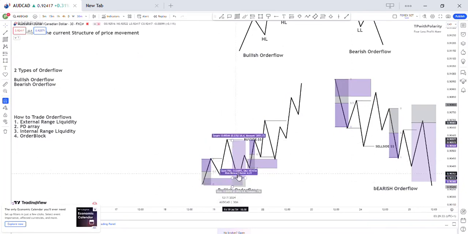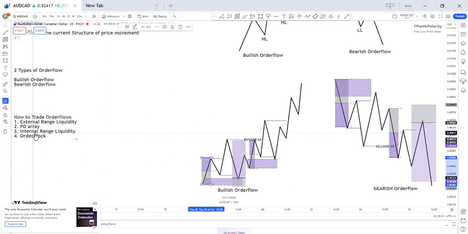Study this pattern, guys. The first thing I talked about is making sure your liquidity gets taken out. This is a sell side liquidity right here. This is an old high. This is a bullish swing market. Now you want to measure your premium and discount.